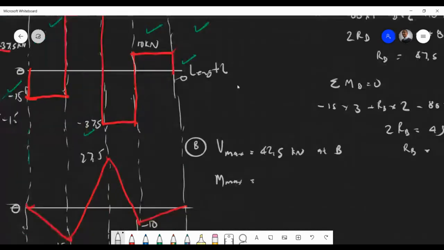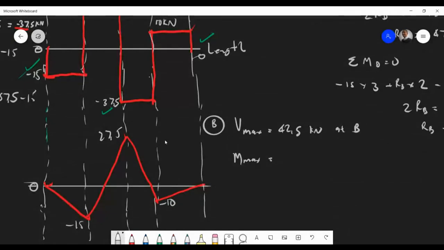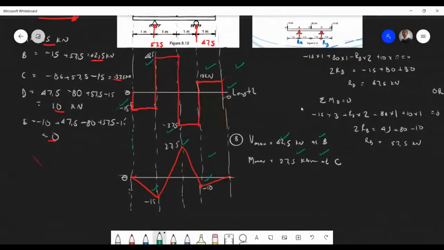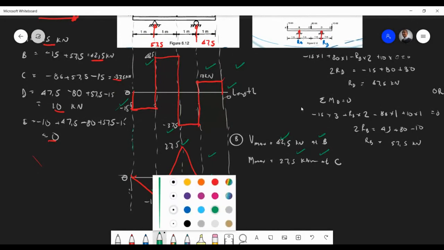The maximum moment will be 27.5 kilonewton meter at C. And once again, 1 mark, 1 mark, 1 mark, probably 1 mark there, 1 mark for the shape, something around that nature. And the marks for the actions, right? So you probably definitely get 2 marks here.